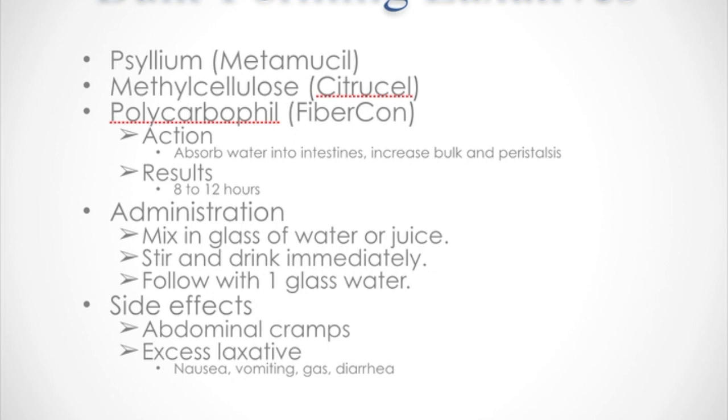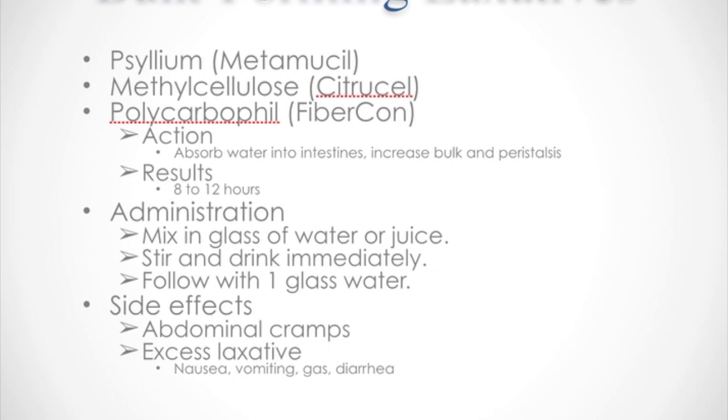The more milder type is a bulk forming, so that's your Metamucil, Citrucel, and those help absorb more water into the stool, making them larger and softer. Those take a little bit longer to cause results, but these are the ones that they could take on a daily basis for a long period of time to help prevent chronic constipation.